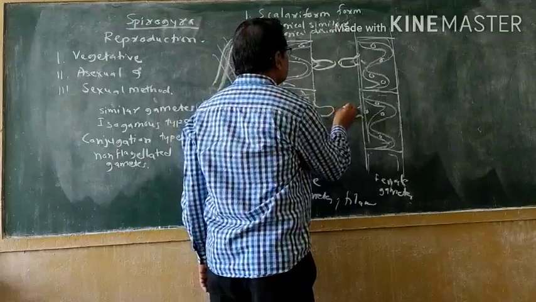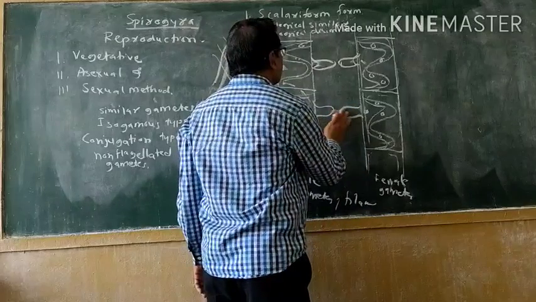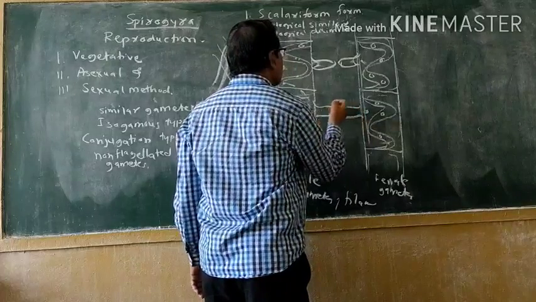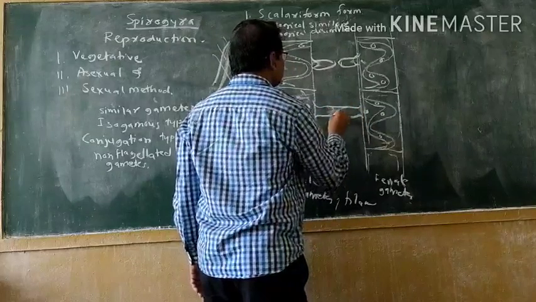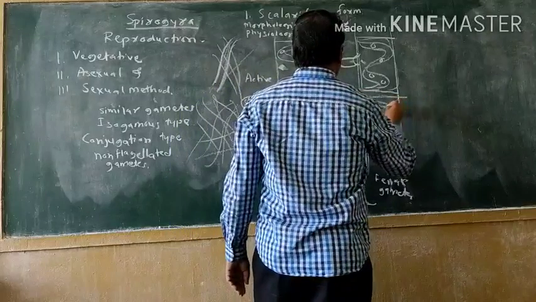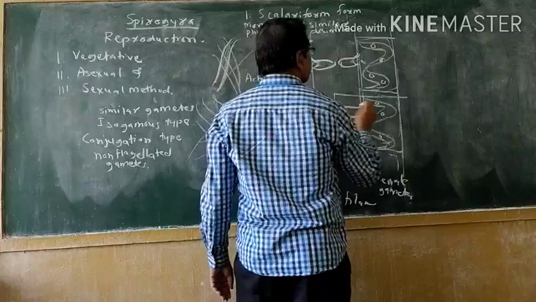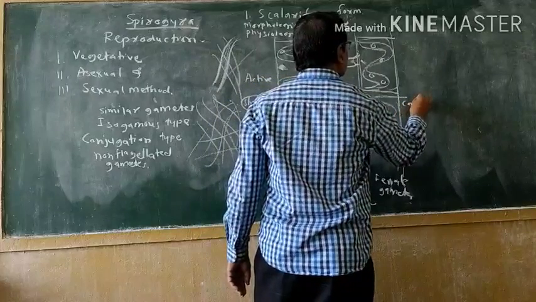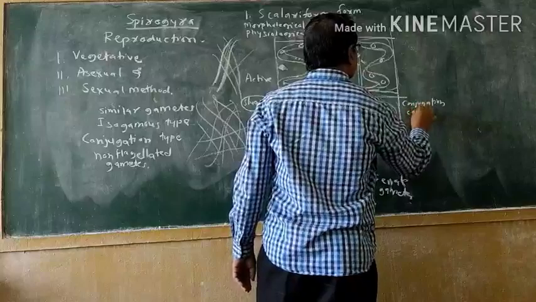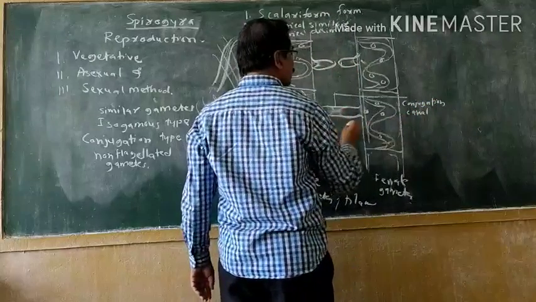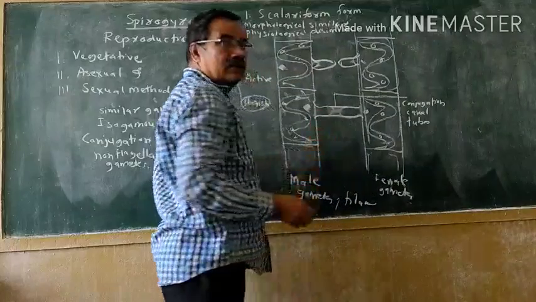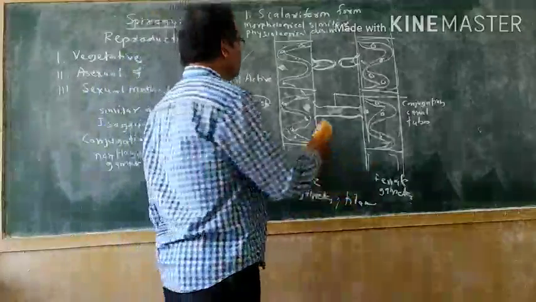These tubes fuse to each other by dissolving their tips, and an entire channel is formed. That is the conjugation canal. It is also known as the conjugation tube.